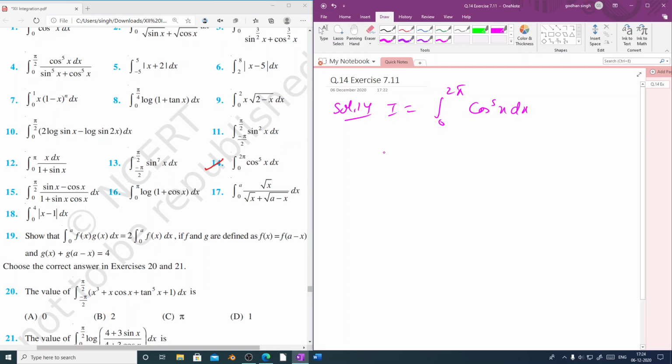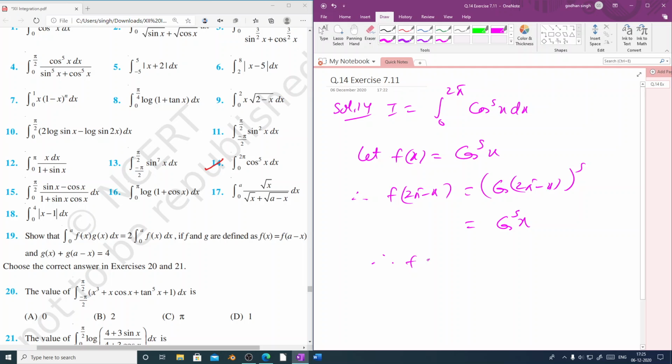Let f(x) equal cos raised to 5 x. Therefore f of 2 pi minus x equals cos of (2 pi minus x) raised to 5, which is equal to cos x raised to the 5th power. So f of 2 pi minus x is the same as f(x).